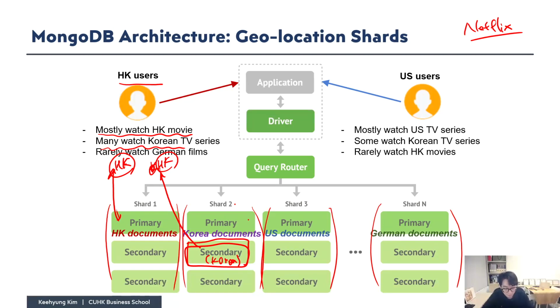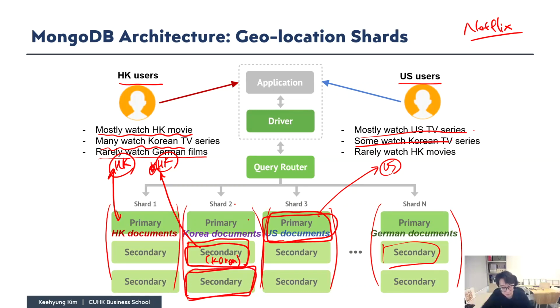And if they only watch German films, we don't need to put a secondary of the German database in Hong Kong in this case. And for US users, we know that they mostly watch US content. So of course, the primary server of shard 3 should be physically located in the US. And we also found that some watch Korean TV series, then another secondary server of shard 2 can be located in the US like this.